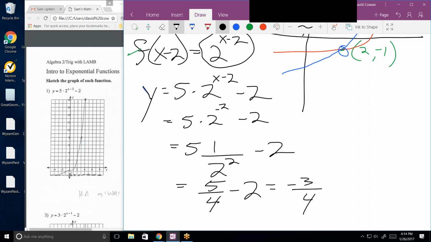This seemed like an overly difficult problem to start out with if they wanted you to do it using transformations, because it's got three things going on. That 5 does something, the -2 does something, and this -2 does something else. So this is a difficult problem if I'm trying to teach you how to graph this function based on transformations. I would not start out with something so difficult. I would take one of these things at a time.